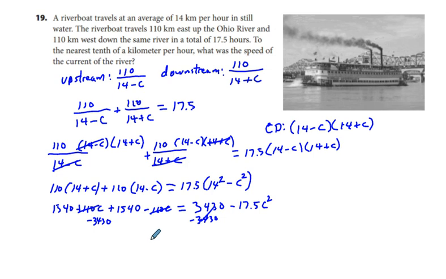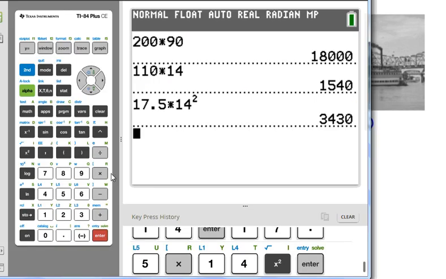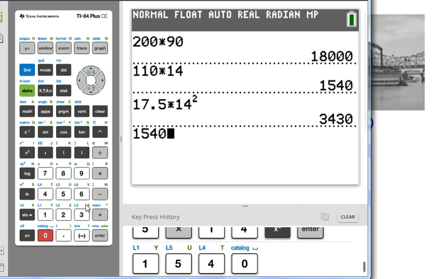So we get negative 17.5 c squared, and on the other side of the equation we have 1540 times 2 minus 3430.